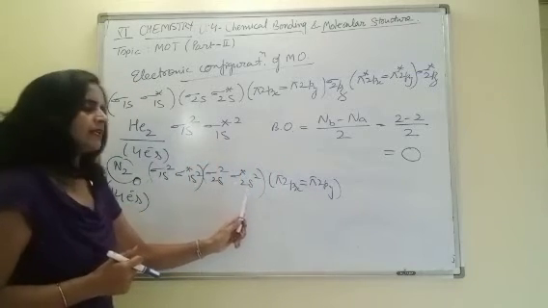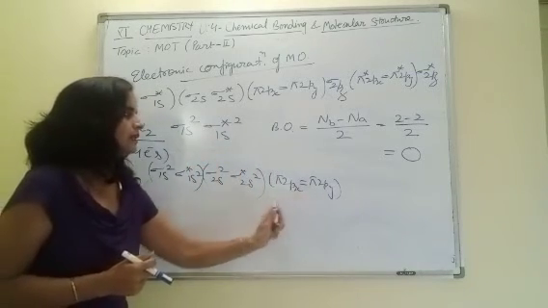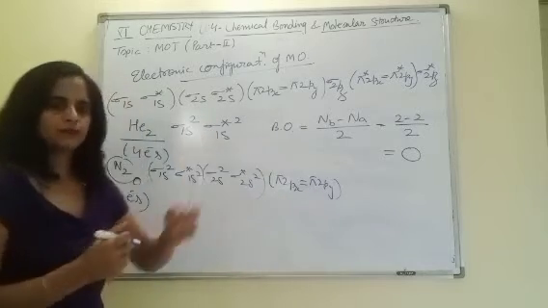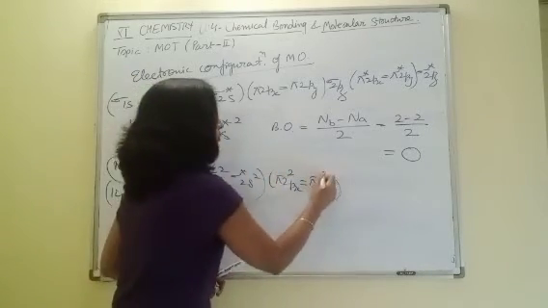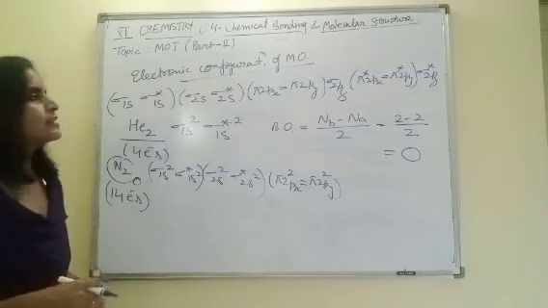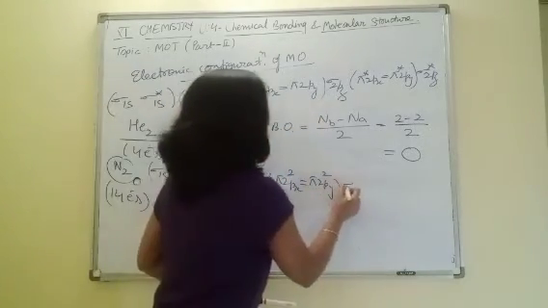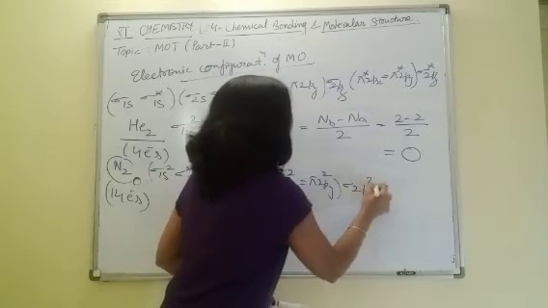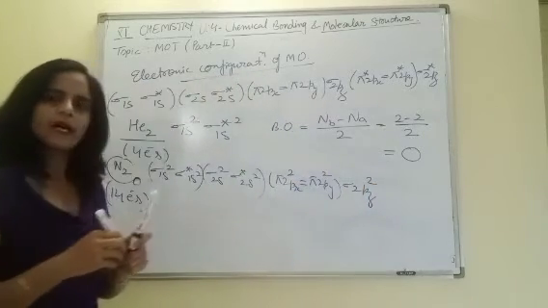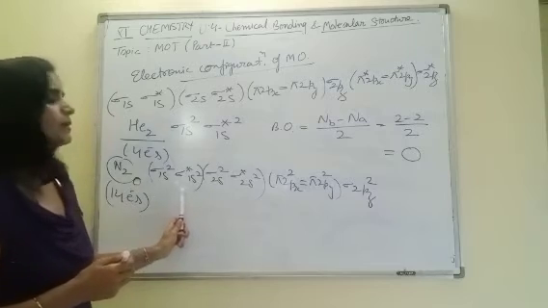So, total 8 electrons, 9, 10, 11, 12. So 2, 2 are left. These 2 electrons will enter into sigma 2pz. Understood?